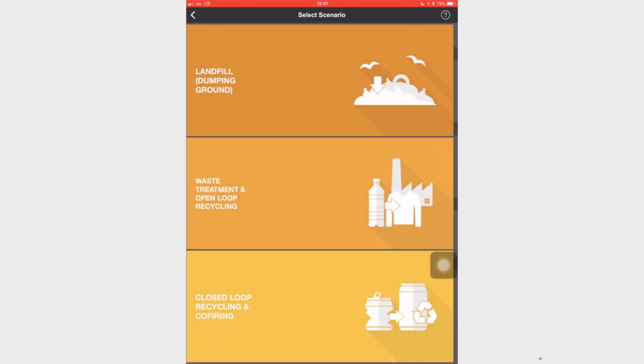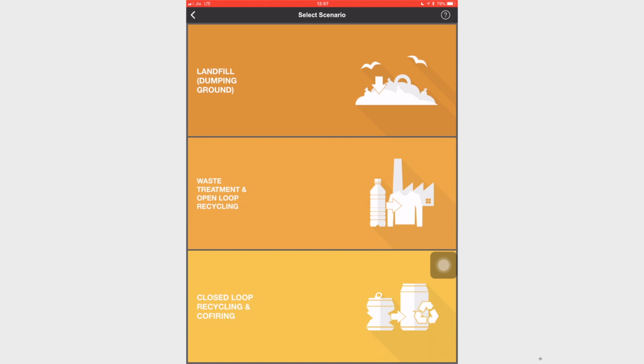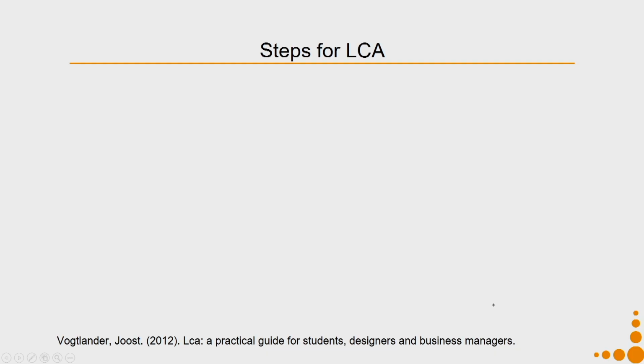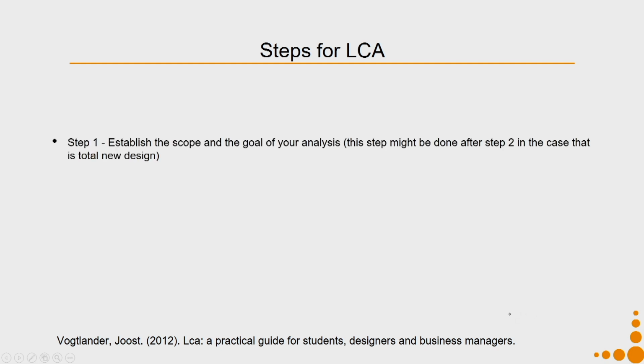So, that was about how to use this app. Now, we will go back to our life cycle assessment. We will go through each and every step and we will do a life cycle assessment. So, what are the steps for LCA? The first step for LCA is to establish the scope and goal of your analysis.